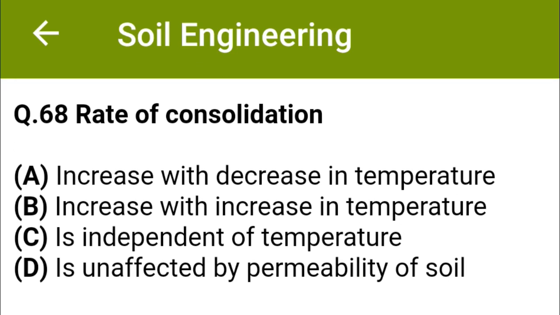Rate of consolidation: Option A, increase with decrease in temperature. Option B, increase with increase in temperature. Option C, is independent of temperature. Option D, is unaffected by permeability of soil. The correct answer is option B, increase with increase in temperature.